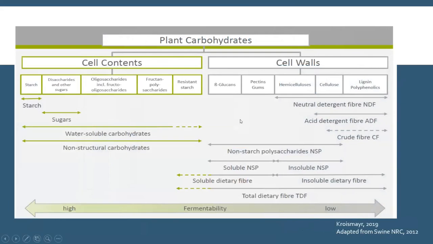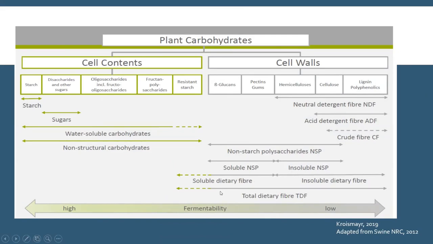So going back to a review on plant carbohydrates or NSP components, I'd like to point out that these NSPs could be further characterized as soluble NSP or insoluble NSP.